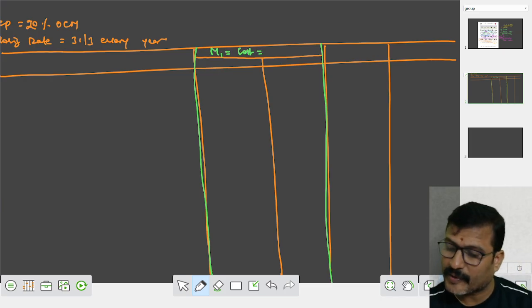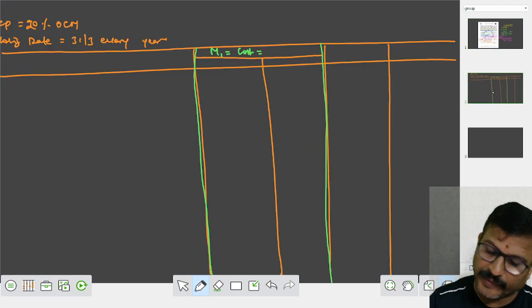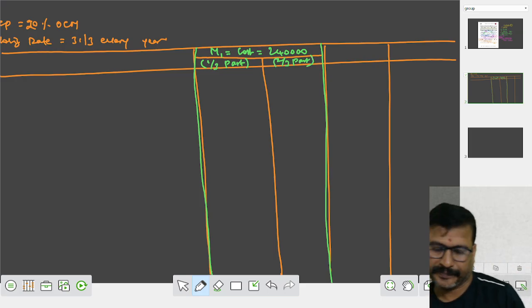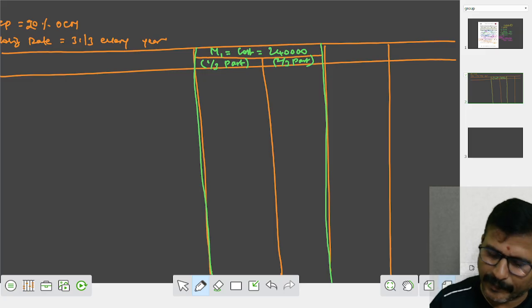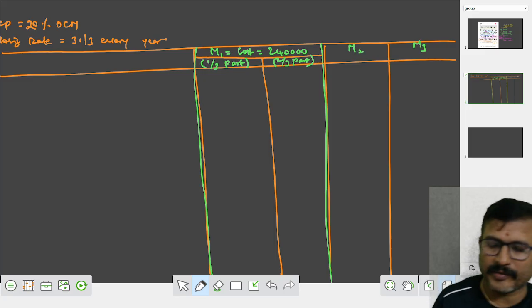What is the cost of the machine M1? See, M1 cost 2,40,000 rupees. In that, one third part, here we have to take two-third part. Okay, this is the first part, second part. Now I write M2 and M3.